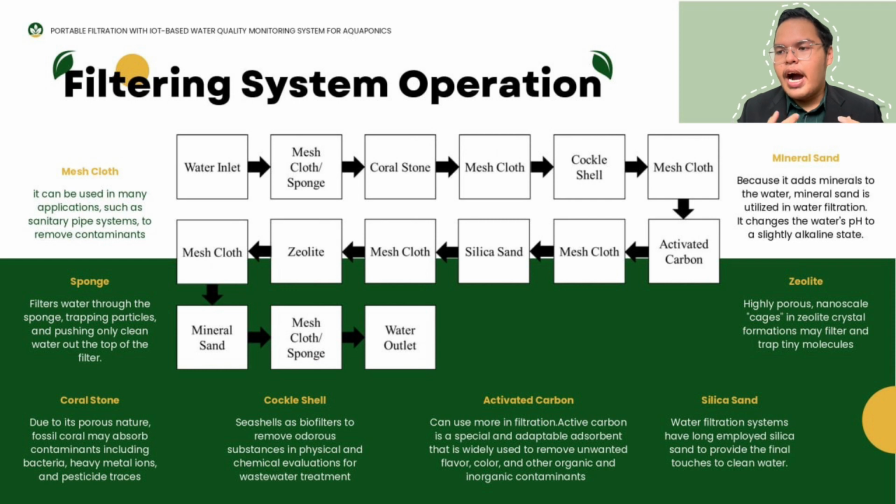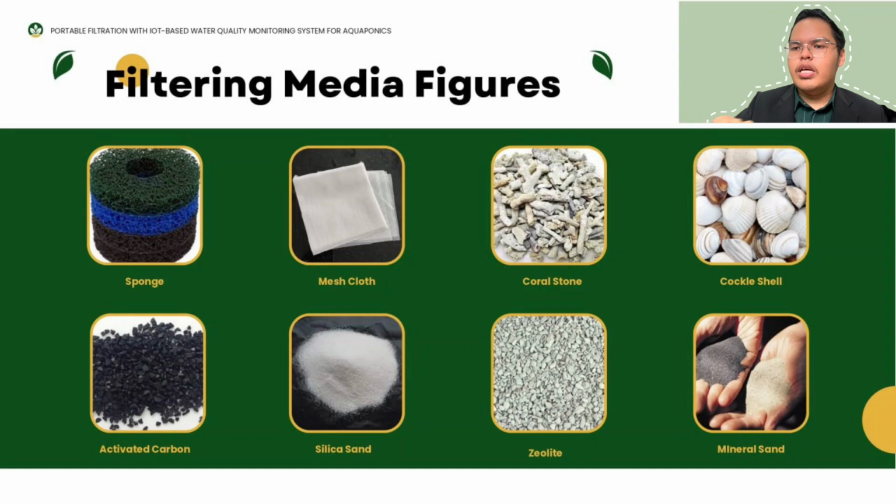And zeolite, whose highly porous nanoscale cage in its crystal formation may filter and trap tiny molecules. And the last one, mineral sand, which adds minerals to the water. Mineral sand is utilized in water filtration. It changes the water's pH to a slightly alkaline state. So these are figures of the filtering media.